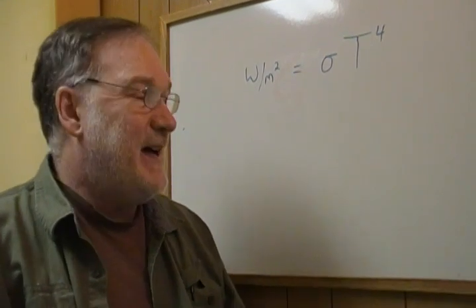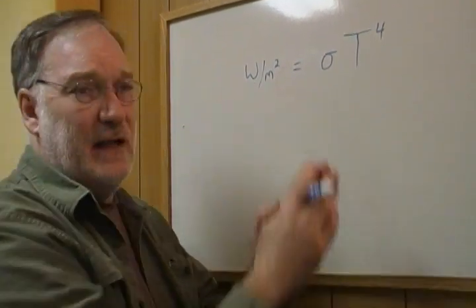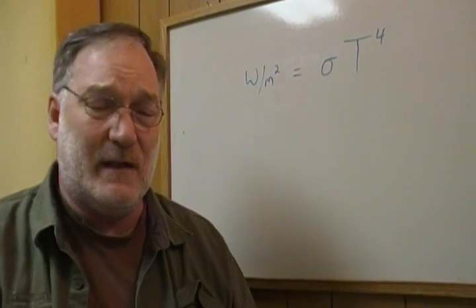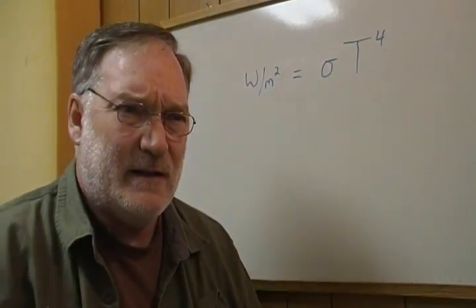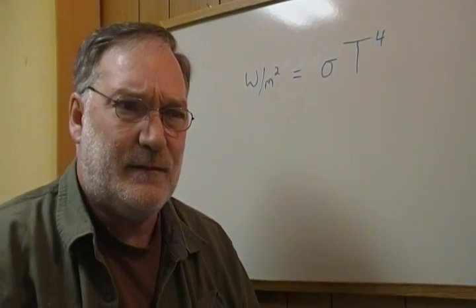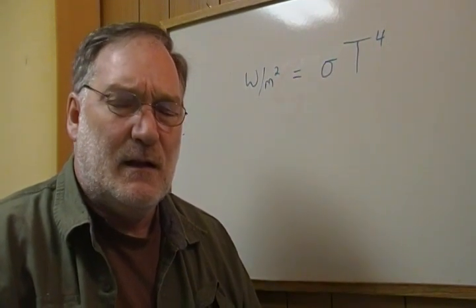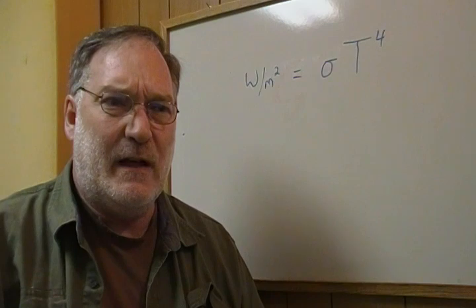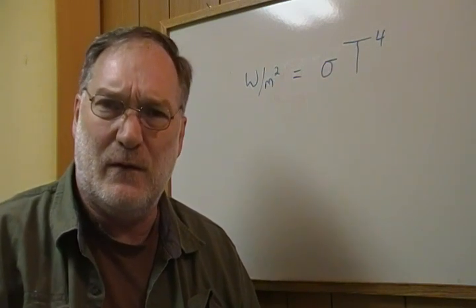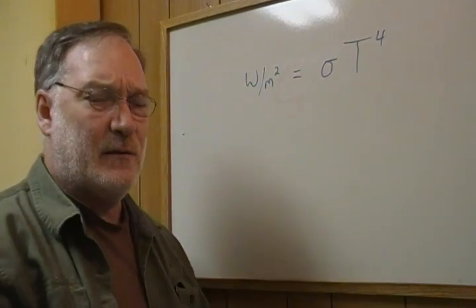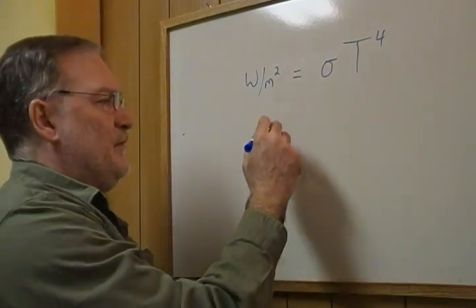Now, you cannot take average radiation and derive an average temperature from it, because radiation is the fourth power of temperature. You cannot average fourth powers to find the average roots of those fourth powers. Let's take 3 and 5 as an example.